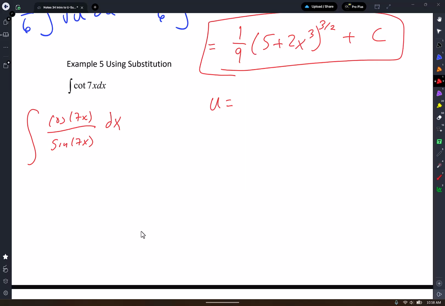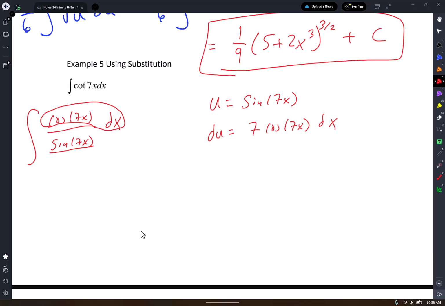Look at this, and ask what will make life easier? I have a sine 7x, and I have a cosine 7x dx. There's my big hint. So u has to be sine 7x. So when you do your du, you have 7 cosine 7x dx.